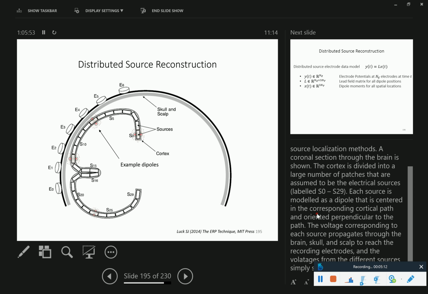No. Yeah, so the idea is that there are these sources, and if they are active, then depending on their specific forward solution at this location, they superimpose at the electrode level. So it's just a picture.